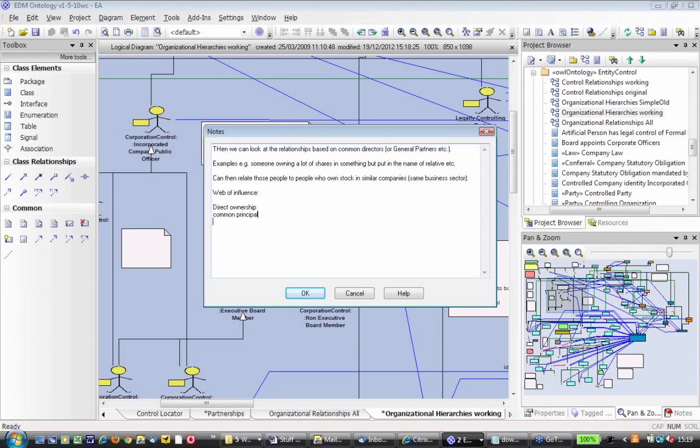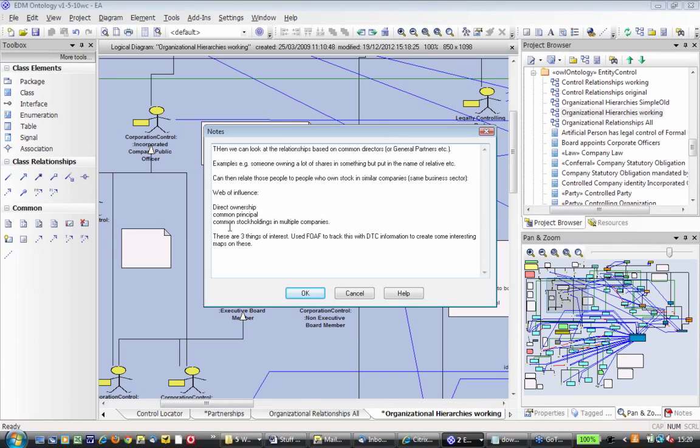This sounds familiar. When I worked for Dun & Bradstreet, we worked on something called the Web of Influence, which is to do with affiliated companies who are affiliated through either direct ownership of equity, having common principals, directors, executives, whatever, or where people have got common stock holdings in multiple companies. Yeah, so it's more of an application level. I'm not suggesting that that's something to be in FIBO, but that's the real world.